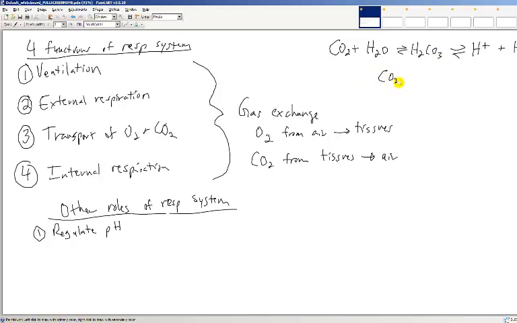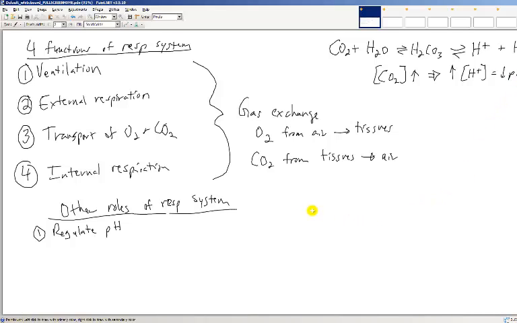So as the concentration of CO2 goes up, it leads to an increase in the concentration of H plus, which is a decrease in pH, and vice versa. CO2 goes down, pH goes up.